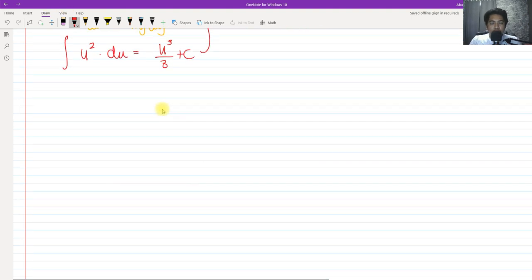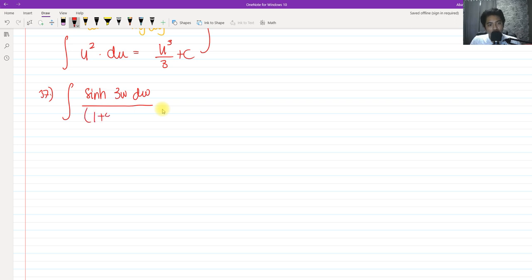For number 37, we have another integral involving hyperbolic functions. So you have the hyperbolic sine of 3w dw all over 1 plus 4 hyperbolic cosine of 3w, squared. This is none other than a simple u substitution again.